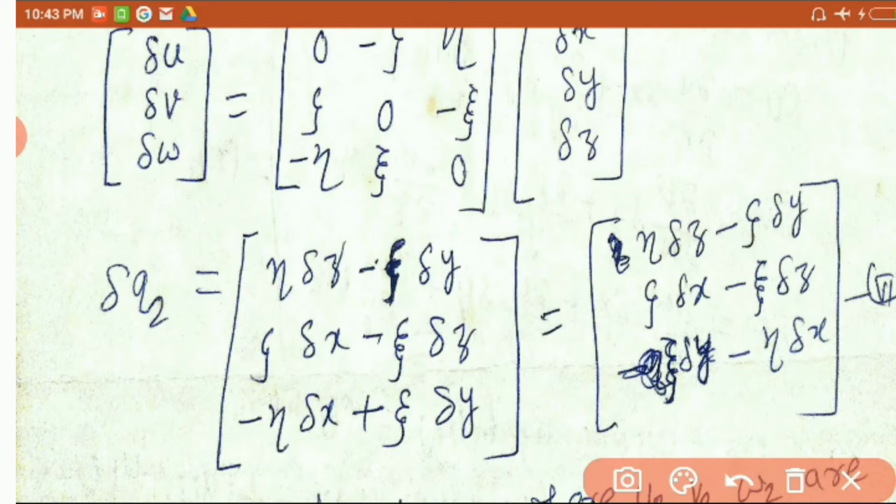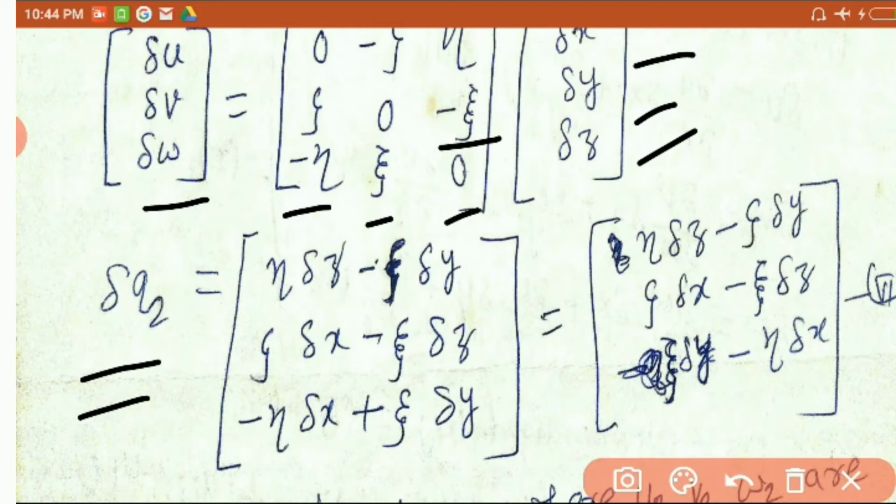Delta u, delta v, delta w is equal to the matrix 0, minus zeta, eta; zeta, 0, minus xi; minus eta, xi, 0, multiplied by delta x, delta y, delta z. So what is delta q2? It is the multiplication of these two.